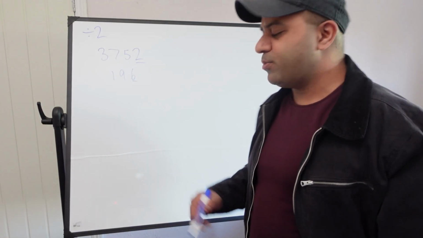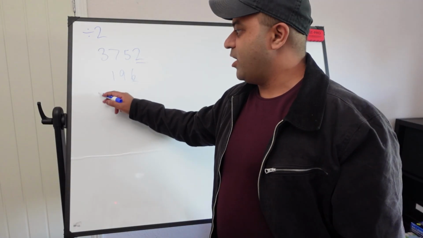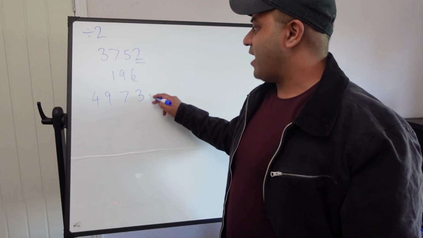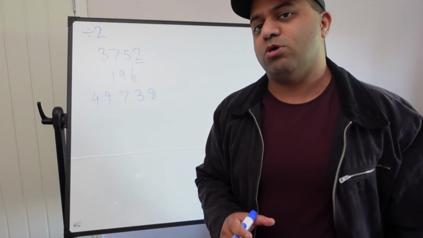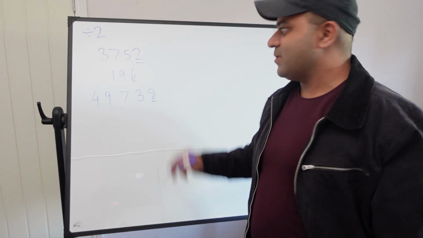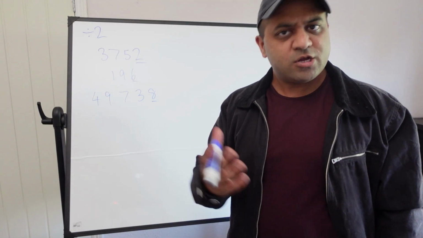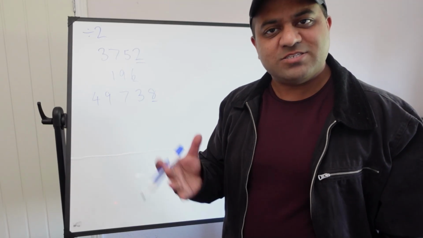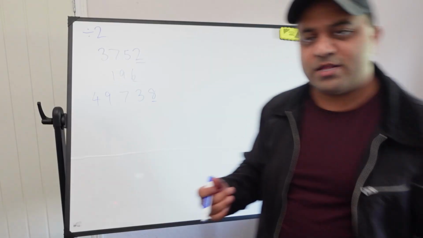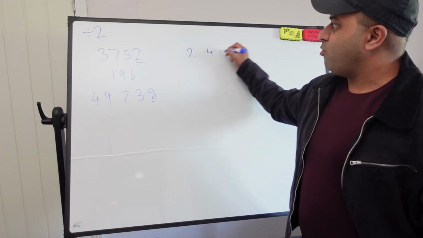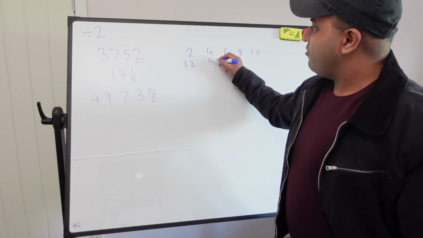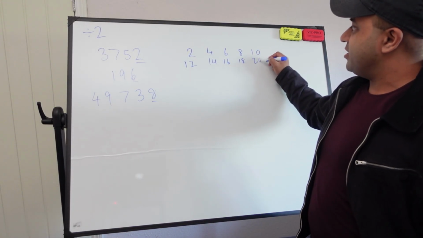We'll do one more example. I know that the number 49,738 is also divisible by 2. How do I know that? Because the last digit is an 8. So, by looking at the last digit of a number, think about the 2 times table. I'll write it out. 2, 4, 6, 8, 10, 12, 14, 16, 18, 20.